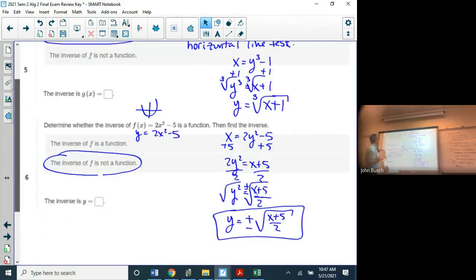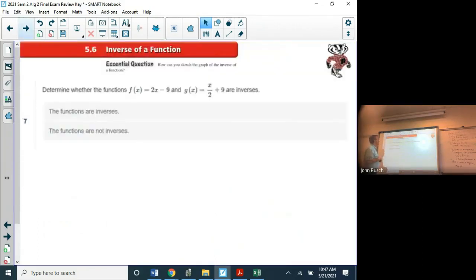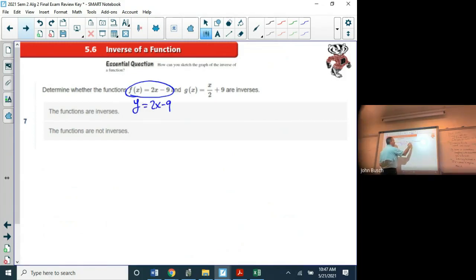Hopefully that makes sense. And now let's do number 7 in 5.6. We have to check to see if they're inverses. The way I like to do it is you grab the most simple one, find the inverse of that, and check to see if it's the same thing as the other one, right?